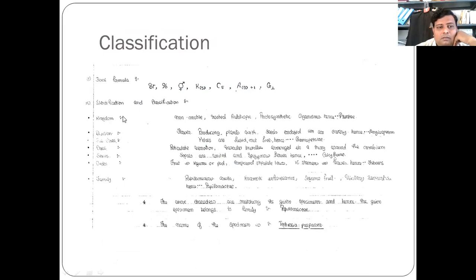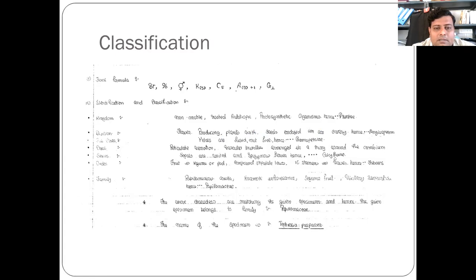Here is the floral formula that we already discussed: bracteate, zygomorphic, bisexual, calyx 5, corolla 5, androecium 9 plus 1, gynoecium 1. The classification system is given. Kingdom: non-motile, rooted, autotrophic, photosynthetic organism, hence Plantae. Division: flower-producing plant with seeds enclosed within ovary, hence angiosperm. Subclass: petals are fused, not free, hence gamopetalae.